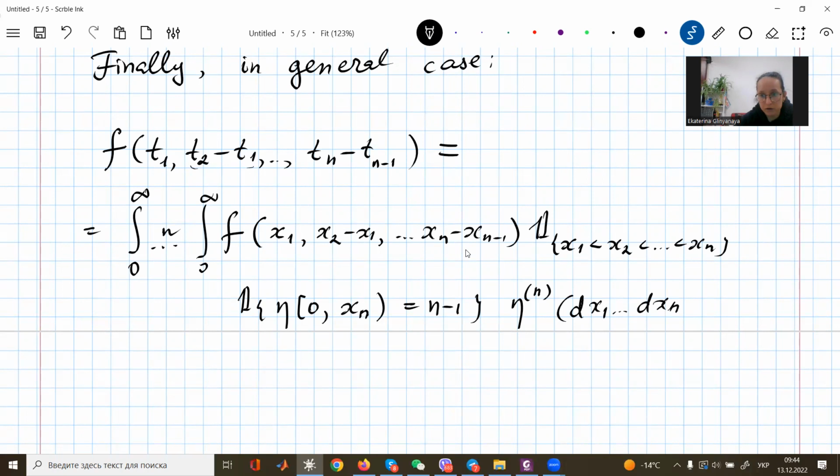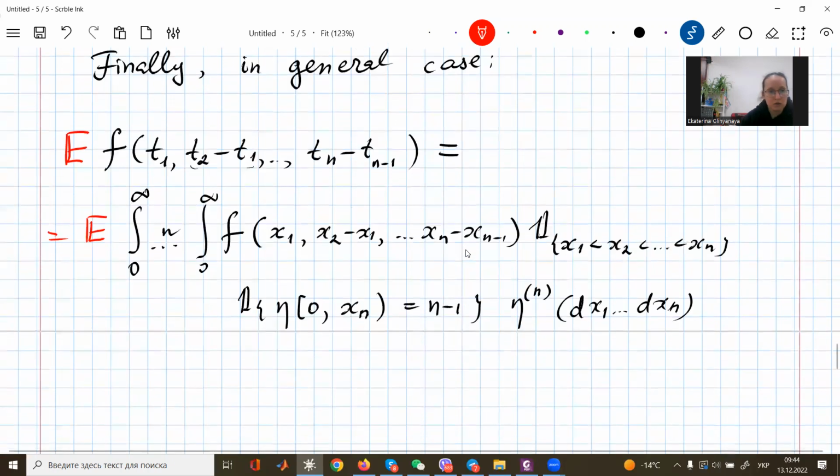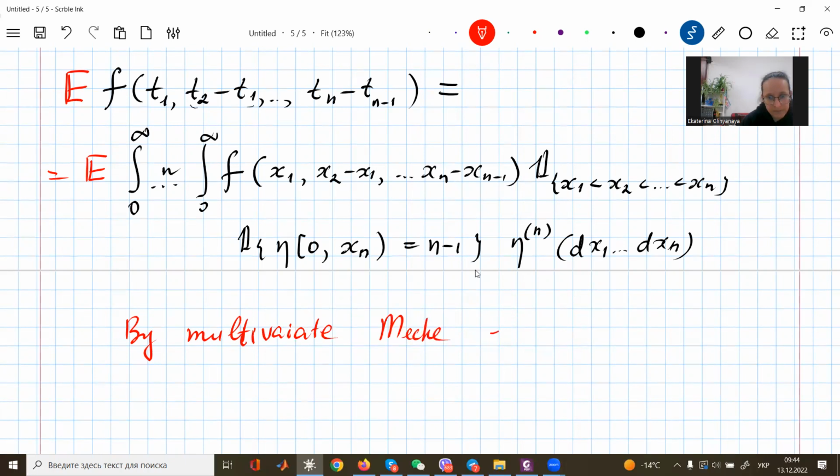So this was the first step, and now we can apply expectation to it. So I will just add it here, and now I use the multivariate Mecke theorem. I just continue that.